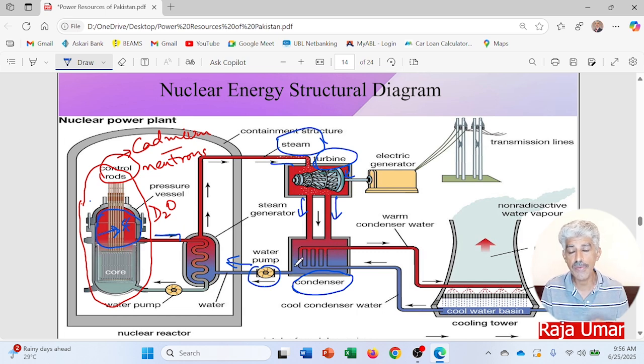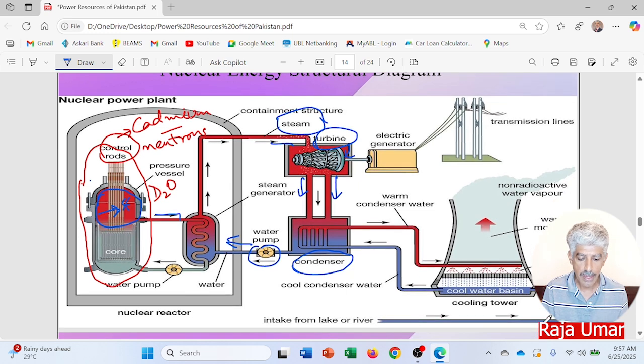In this process, definitely because of the severe heat, the water evaporates, and because of the evaporation of that water, we need a lot more water in the form of supply, and we are supplying that water from here. And here is the cool water basin, the cooling tower, and here we have the non-radioactive water vapors which are coming through after getting the released energy from the condenser.